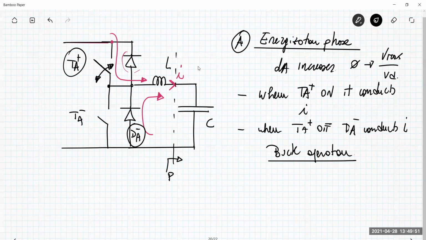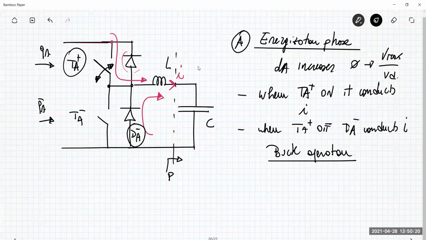And remember that the unity switching function is something that is commanding the transistor Ta plus. Then I have Qa naught, which is commanding this transistor. So when this transistor Ta plus is on, Ta minus is off. When Ta plus is off, Ta minus is on. So transistor Ta minus switches in a complementary way with respect to Ta plus, and with a duty cycle which is increasing.